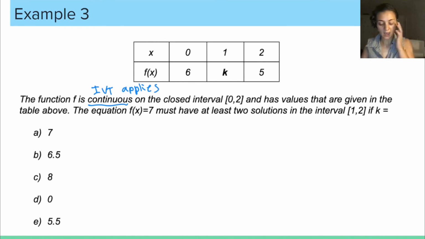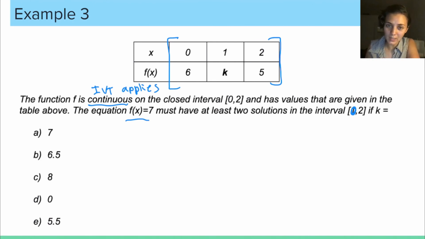The equation f of x equals 7 must have at least 2 solutions in the interval between, this should say between 0 and 2, if k equals what? So we're looking between 0 and 2, and we want the equation f of x equals 7 to have 2 solutions.